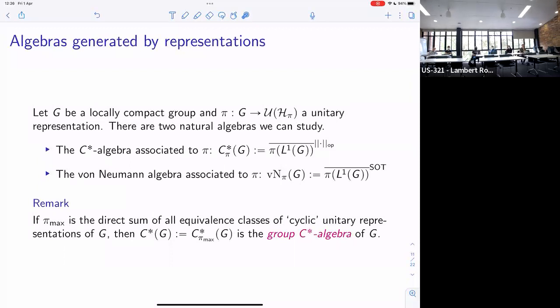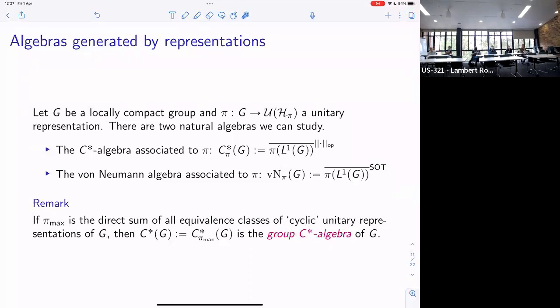And from here there are two natural algebras that we can define. So pi of L1G is this star algebra on the Hilbert space H pi, and we can take the closure of this algebra, for instance, in the norm topology, in the operator norm on the space of the bounded operators, or we can take the closure in the strong operator topology, which is just the topology of pointwise convergence on the bounded operators on the Hilbert space.